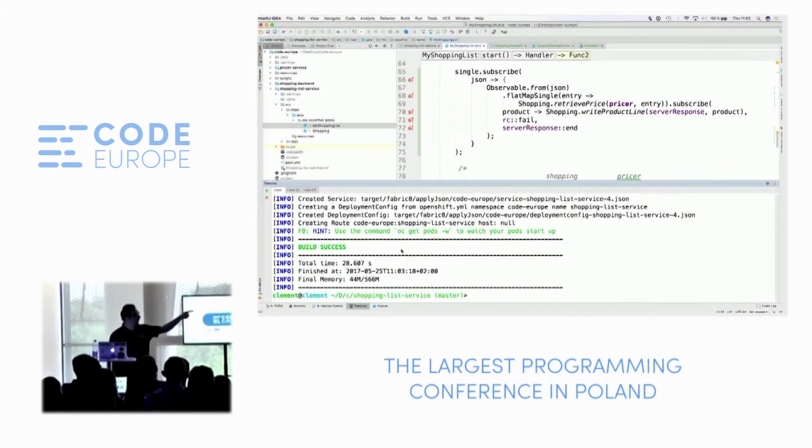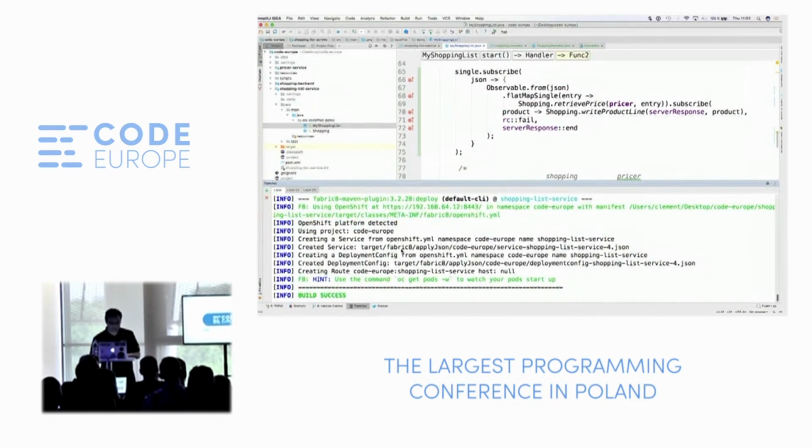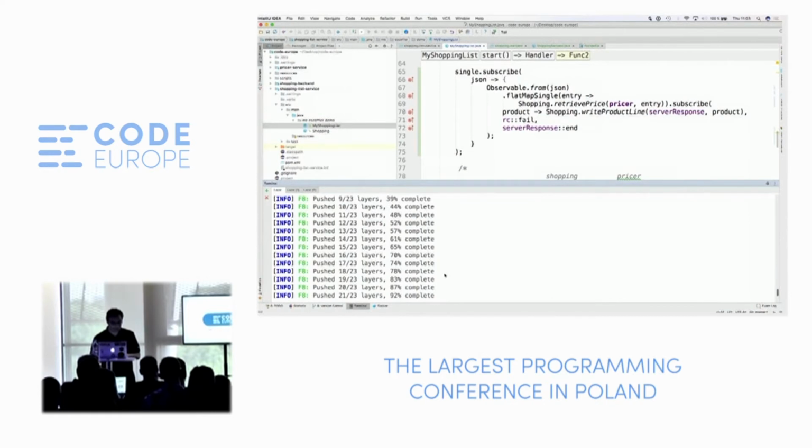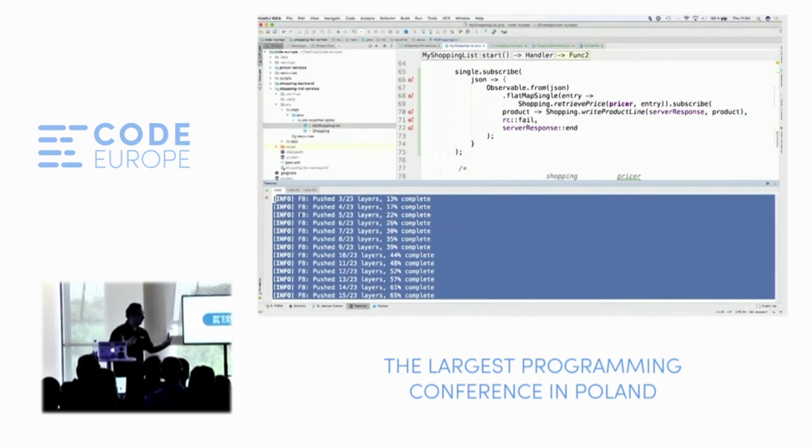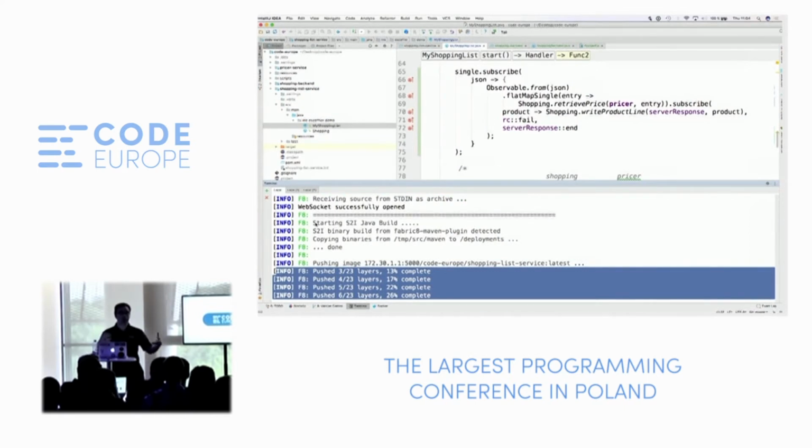And because it knows that it's Vert.x, it knows what kind of image it has to use for running a Vert.x app. And that's what we see here, the image that he has built. Because S2I comes from this ops background where they know exactly how to run your application, it's not small.